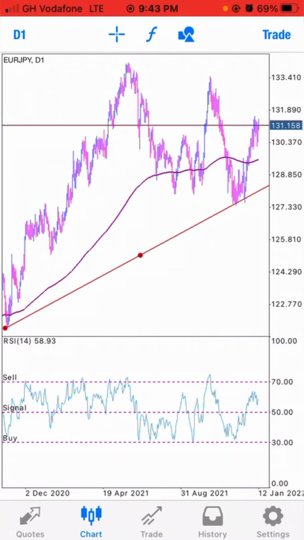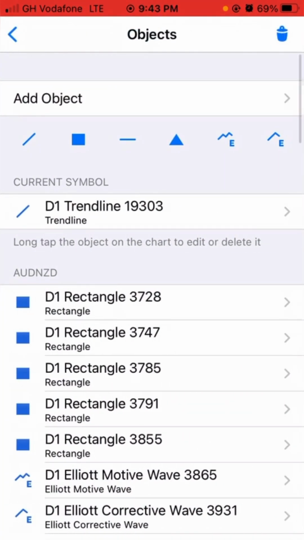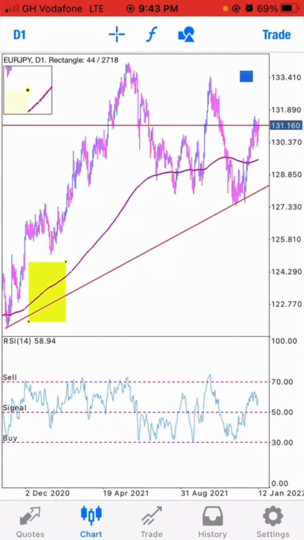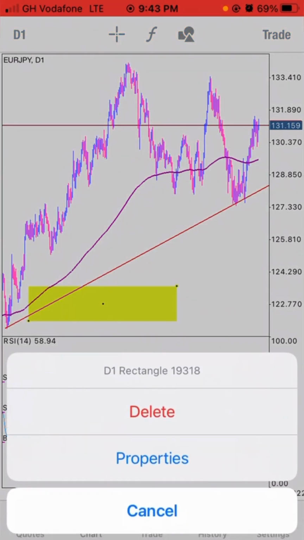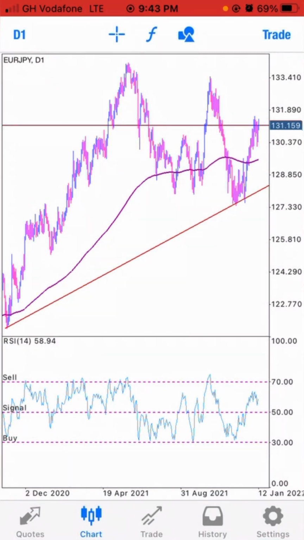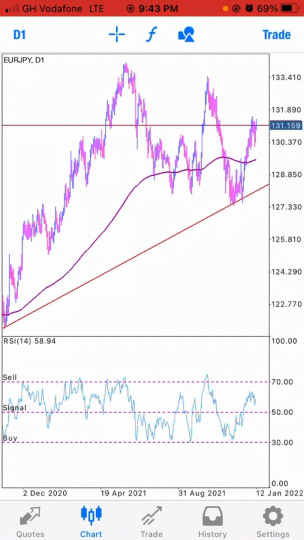You can see the market started rising. You understand? The market started rising from here up to this. You understand? So like we are in a bullish trend.